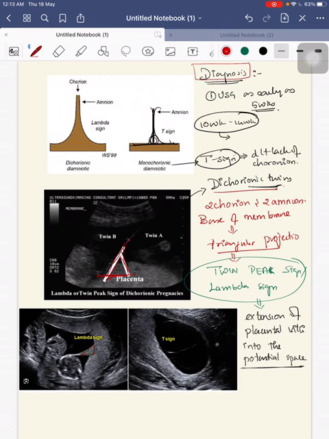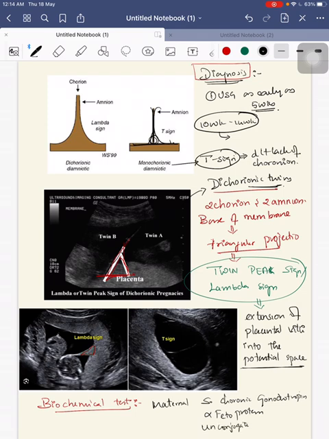Other biochemical tests are non-significant. Here we have maternal serum chorionic gonadotrophin, alpha fetoprotein, and unconjugated estriol.